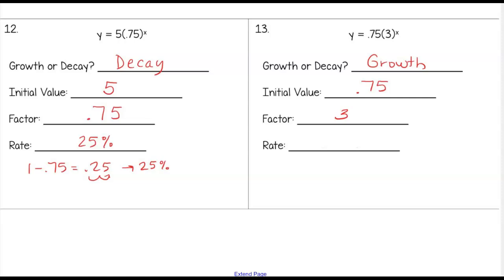What's the percent? On this one we have a growth, so I'm going to subtract 1 from it and then move the decimal. It's 200%. The way you get that is you take the 3 and subtract 1, and you get 2, and then move that decimal 2 places. That gets you 2 zeros, so it's going to be 200%.